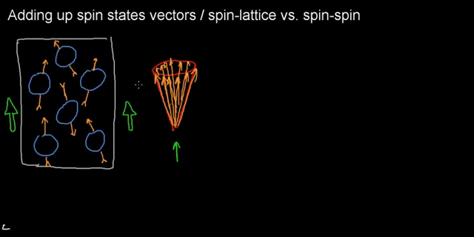Now, if we add up all these vectors, this is what we would get. We would get different vectors that are generally aligned with this vector. And if we add them all up, we would get this vector.